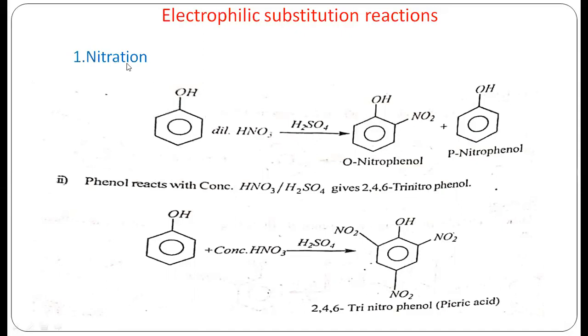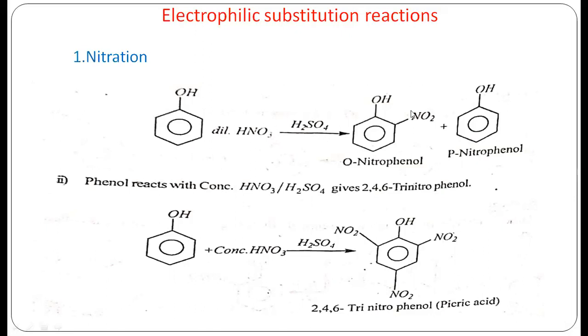If you see nitration as an electrophilic substitution reaction, when phenol reacts with dilute HNO3, that is nitric acid, in the presence of concentrated H2SO4, this mixture is called the nitrating mixture. From this HNO3 and H2SO4, the electrophile is NO2 plus, the nitronium ion. Because in phenol more electron density is present at the ortho and para positions, the electrophile is able to attack at the ortho position as well as the para position.